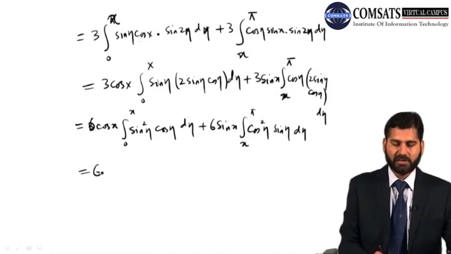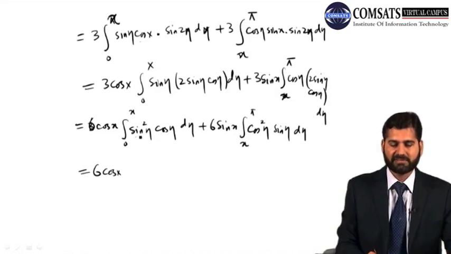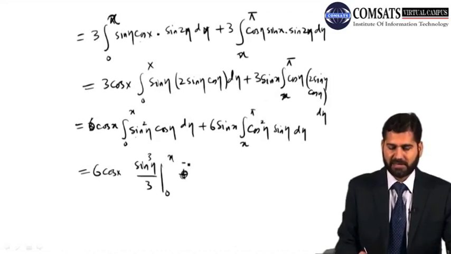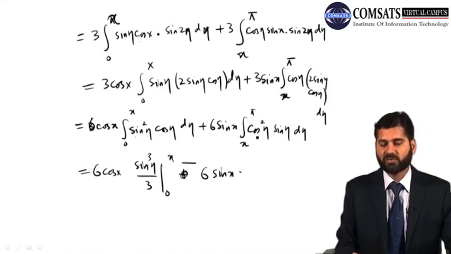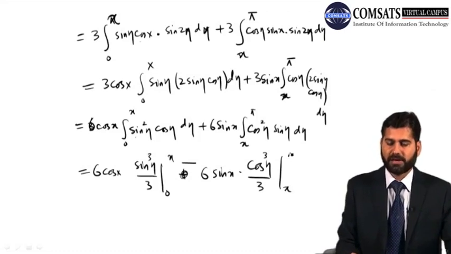So now you see we have the derivative of sine inside. The derivative of sine is cosine, so it will become sine cube eta by 3 from 0 to x. And here I will need a minus sign. Why do I need a minus sign? Because the derivative of cosine is negative, so that negative will make it negative outside, and this is cos cube eta by 3 from x to pi.